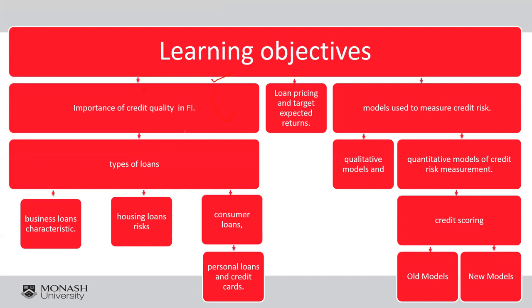Today, 60% of bank total assets comes from loans, and you can see this maybe across countries. We will also want to talk about the types of loans. If we divide them, we have business loans, and these business loans have their own characteristics. We have a big category, improving and growing over time, at least for the last 2 decades, which we call housing loans.